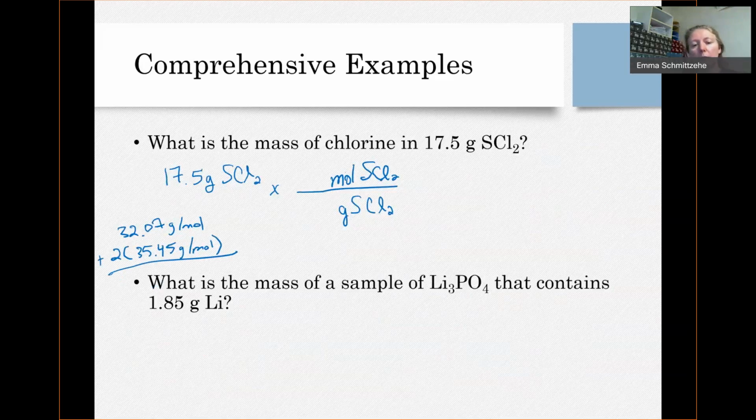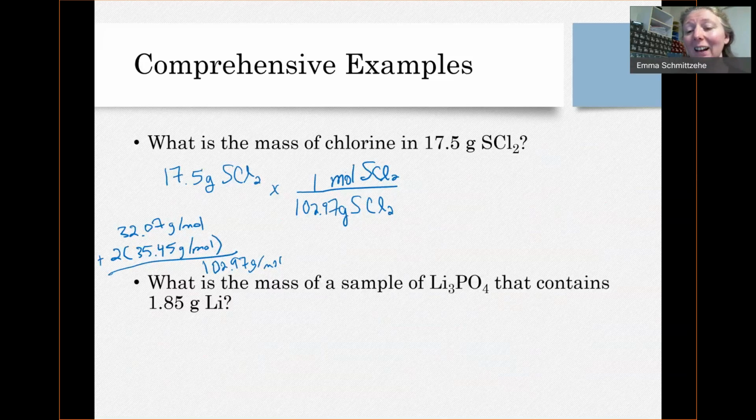And so let's see what that gives us. 32.07 plus 2 times 35.45. And that gives me 102.97. Okay. So 102.97 grams per mole. So that value I'm going to plug in here. So 102.97 grams for every 1 mole.